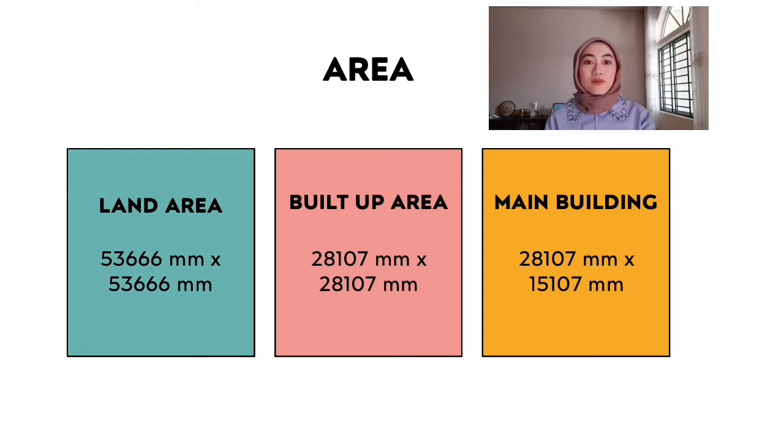The area for the main building is 23407 mm times 13,000 mm, and the area for the factory is 28107 mm times 15107 mm. The factory lies just behind the main building, therefore the only way to access the factory is to go via the main building, which has an entrance that leads directly into the factory.